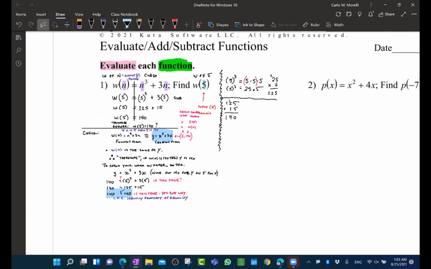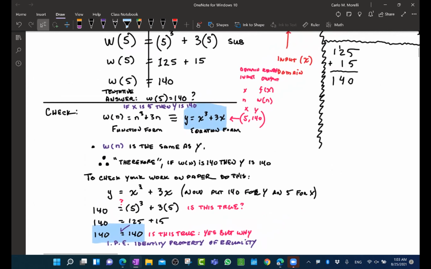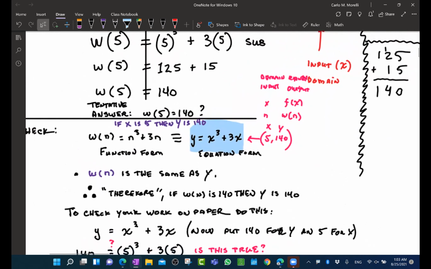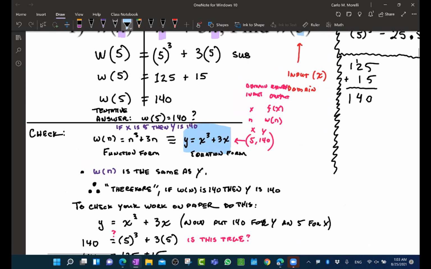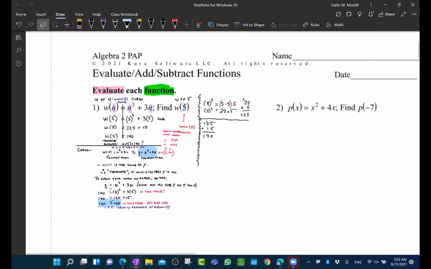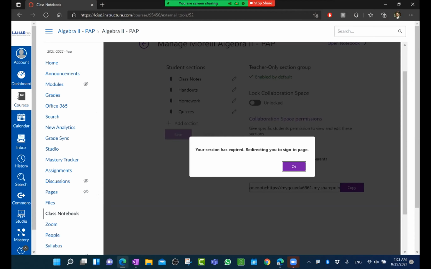And now I want to show you something cool. So I spent a lot of time discussing how you can write something in function form and then also in equation form. And the reason I spent all the time talking about that was because now we can go to Desmos or any graphing software.